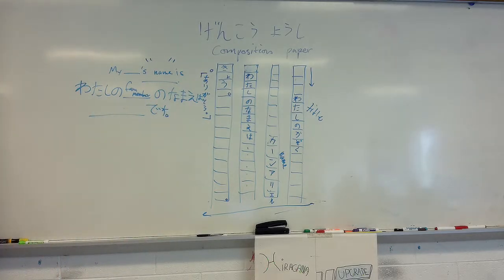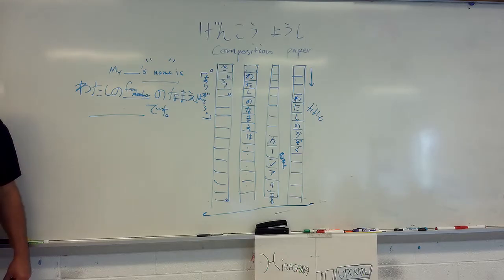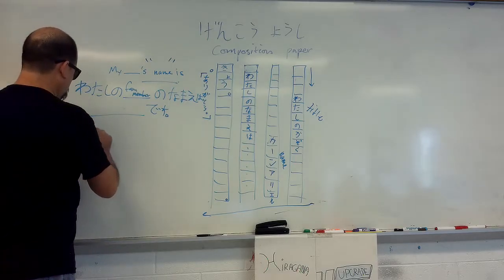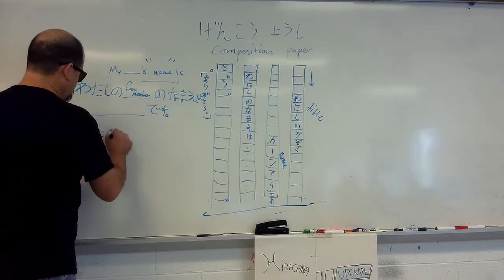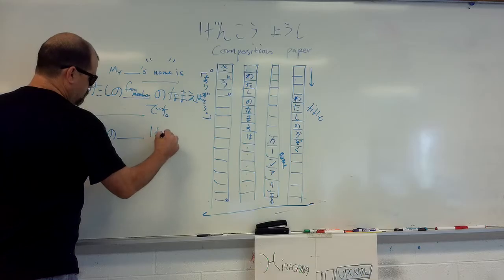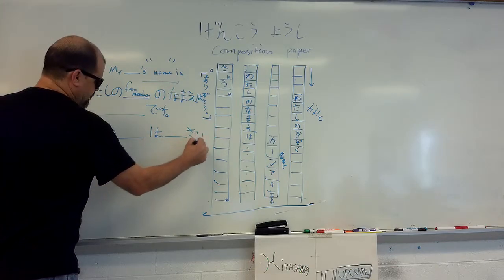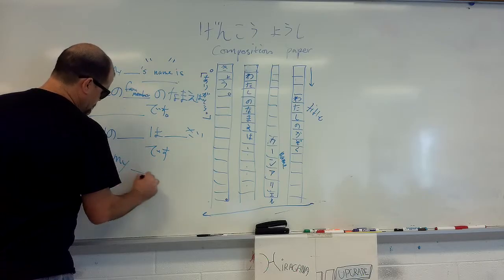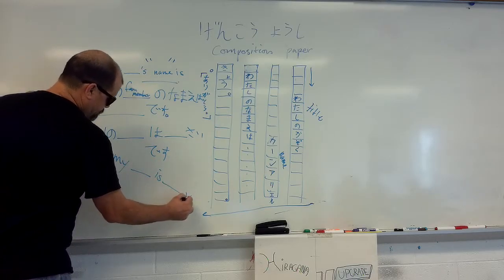My blank's name is blank. It can be your dog, it can be your cat. Okay? And then the age. So, watashi no blank wa blank sai desu. My blank is blank years old.